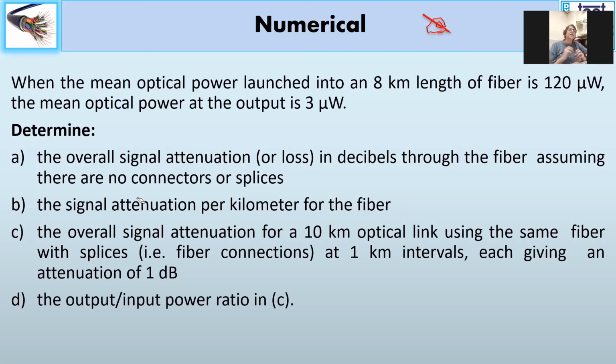Splicers are a kind of permanent joint. Whenever you are making a joint, there are chances of some leakage of the power, and they become centers of losses. Therefore, when you are calculating the total loss, we need to consider how much loss is there at these points of connectors and splices. For the present case, they are assuming no connector or splicer loss.